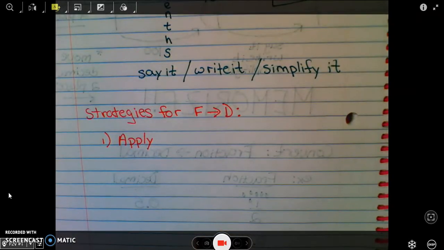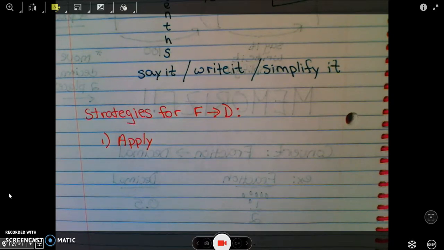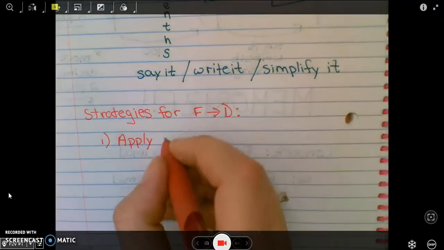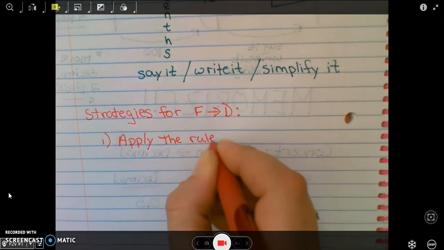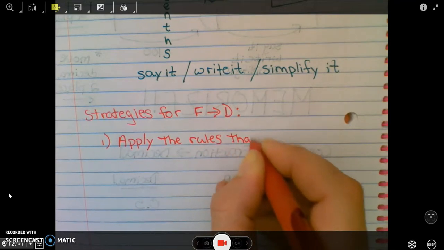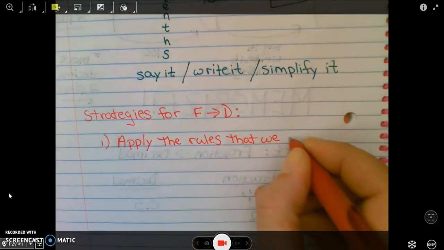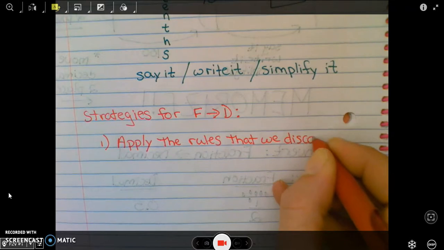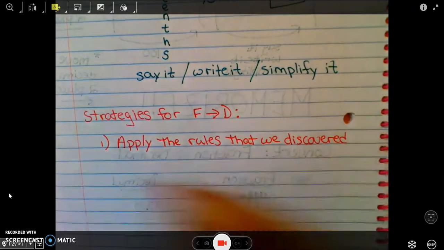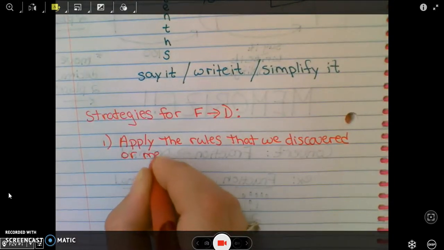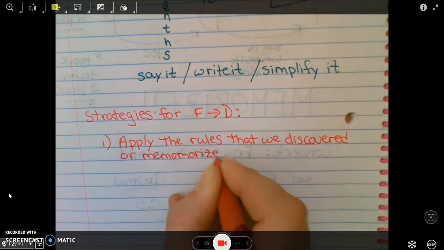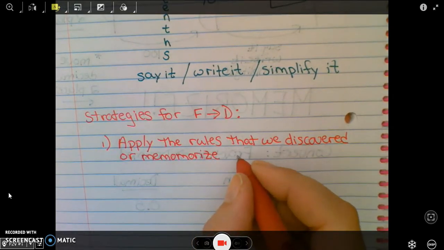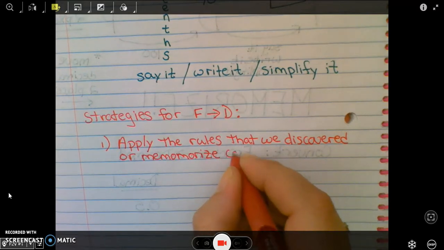So the first thing that you want to do is, if it is a common denominator, or a denominator that you see frequently, you want to apply the rules that we discovered, or memorize common fractions.